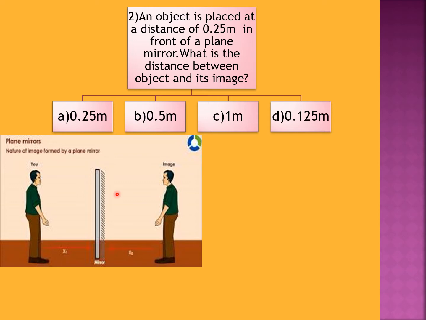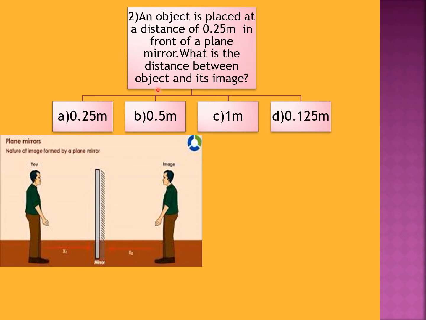It might sound very silly to you, but it is common. So for the image and the mirror, we recall the fundamental characteristic of a plane mirror: the image is formed at the same distance as the object. So in a hurry we'll take the answer as 0.25. But can you see what is asked?